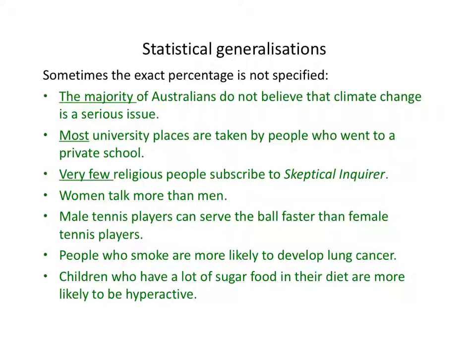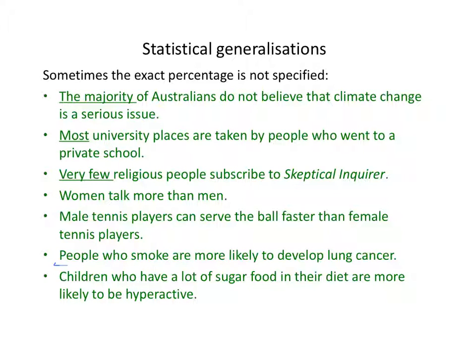This kind of claim compares two groups and tells you that something occurs more often or more frequently, or perhaps less often or less frequently in one group rather than the other. These kinds of claims are called correlations or associations, statistical correlations, and we'll talk more about them when we come to talk about causation and arguments for causation.